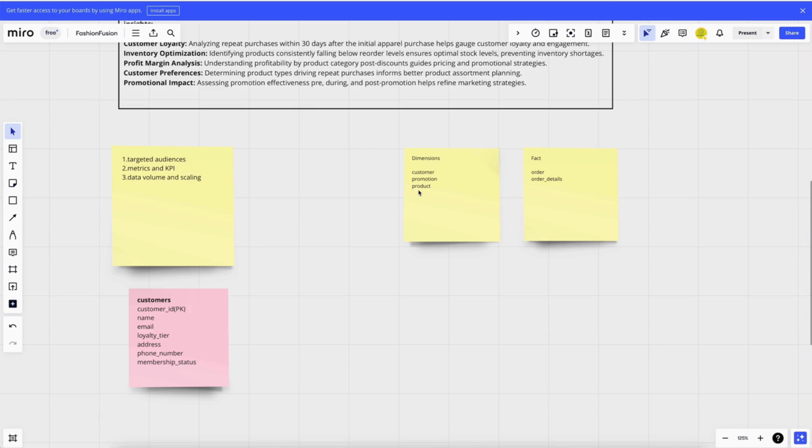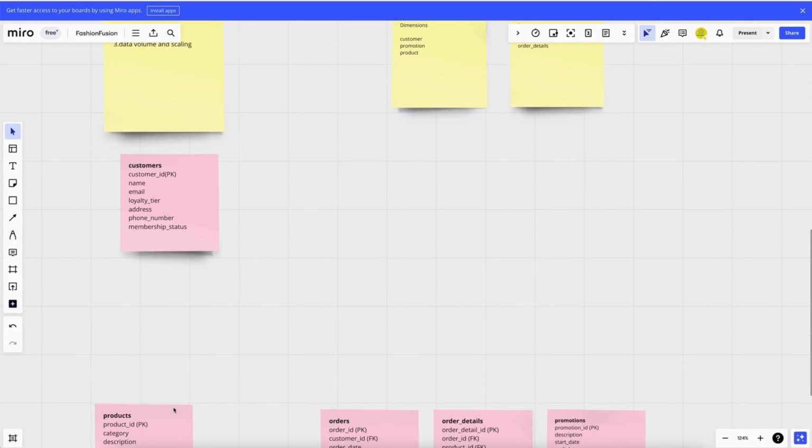But in general, if we think of what a product dimension table will consist of, we can keep adding to that table, and we can discuss with the interviewer if they have any future plans to keep them here, or we can simplify further if they don't need those columns. So I just came up with the relevant product columns here. I'll just pull this product dimension table here.